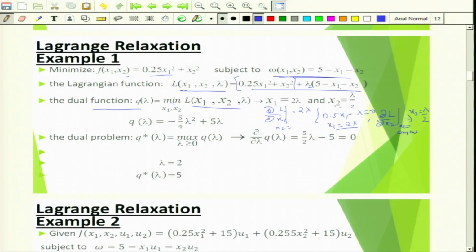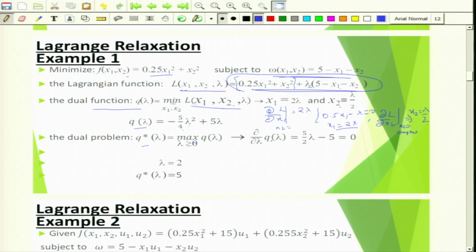Now you apply this x1 and x2 and obtain q of lambda. That q of lambda is nothing but minimum of the Lagrangian function. Then you apply x1 is equal to 2 lambda and x2 is equal to lambda by 2 to this expression again. Then you get q of lambda is equal to minus 5 by 4 lambda square plus 5 lambda. Then the dual problem is q star of lambda, which is maximum of q of lambda. Maximum of a function means you have to again differentiate.